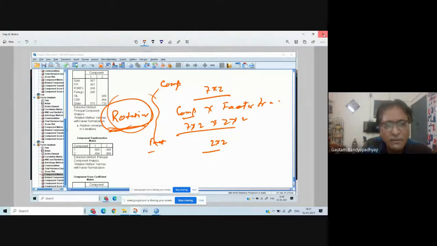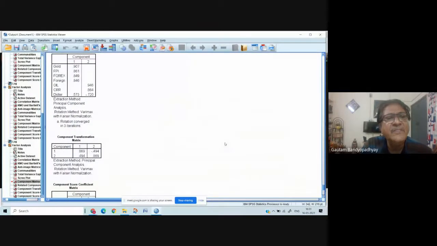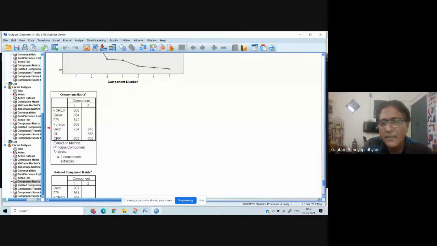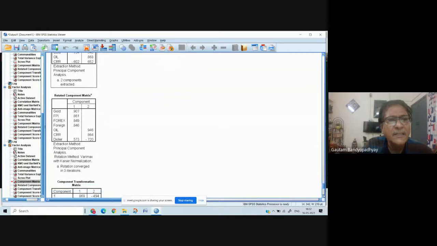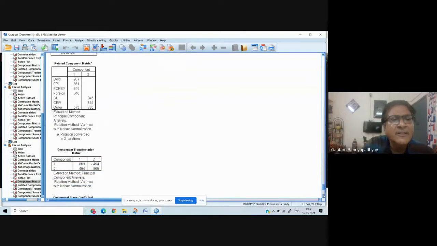So this is my rotation matrix. Checking it, the 4 variables in one group are highly associated with each other, with high correlation. These are all partial correlations. But oil and copper are in the second group. The question is, is the dollar affecting both groups, factor 1 and factor 2?